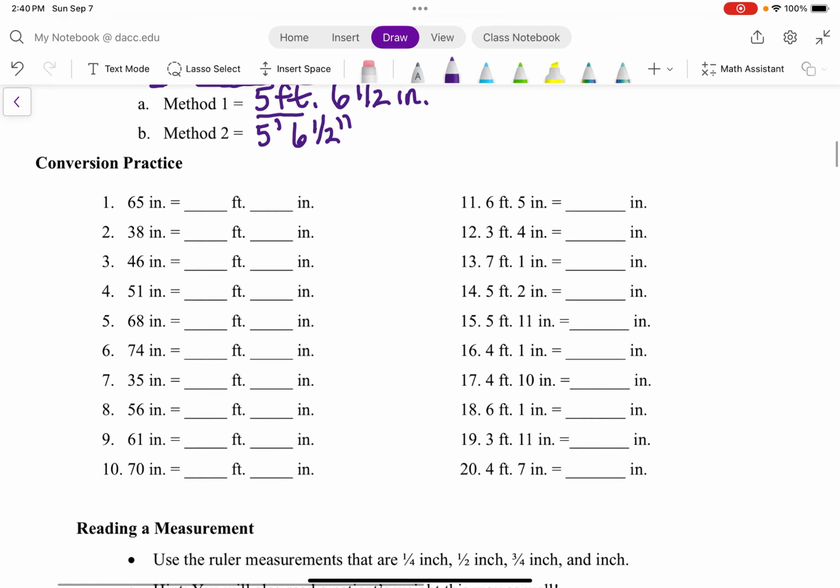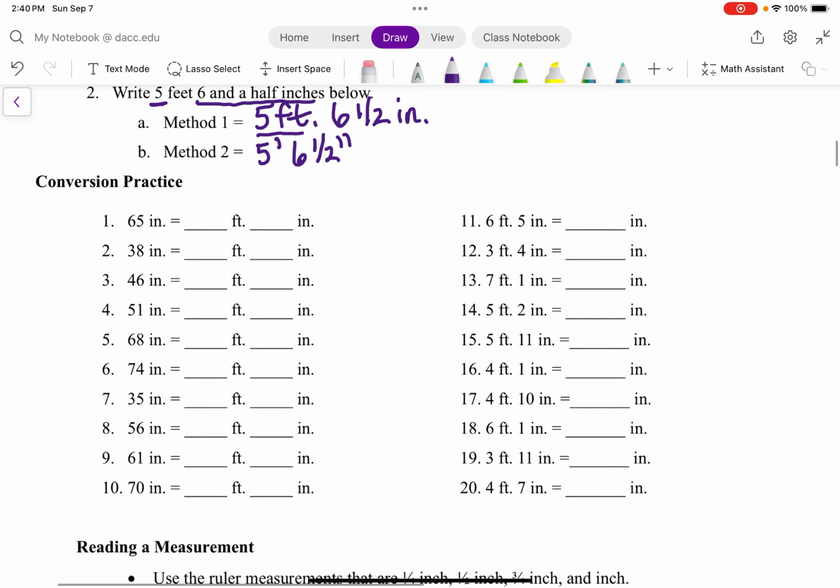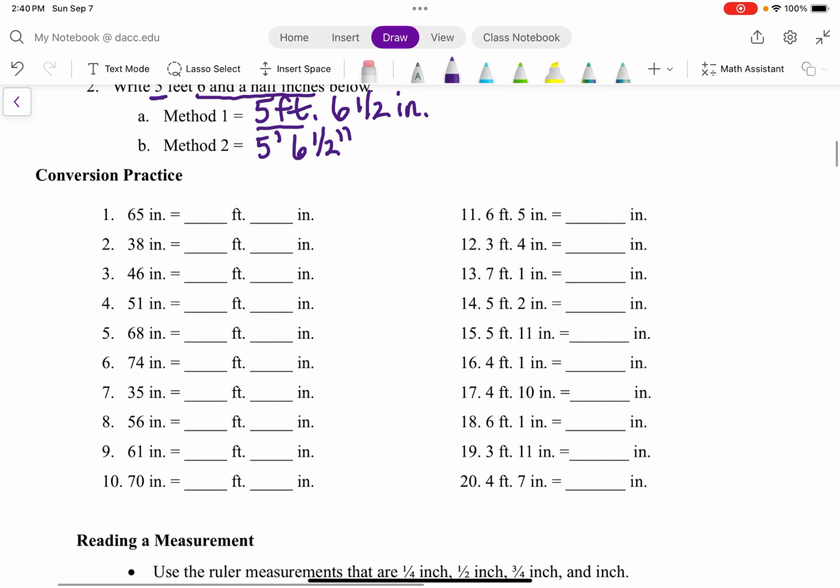So now let's do some conversion practice here. The numbers 1 through 10 right here. On this side, you can see that we're having to convert total inches into feet and inches.